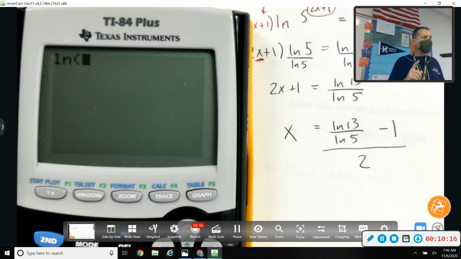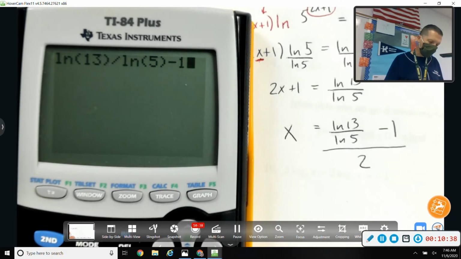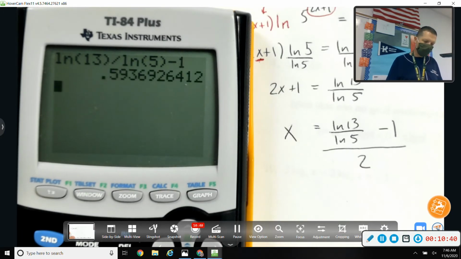Also be careful when you press log or natural log, it automatically opens the parentheses, which means you have to be responsible for closing the parentheses. So natural log of 13, close parentheses, divided by natural log of 5. And then where do I want to press enter or keep going? I think I'll do minus 1, then enter, then divide by 2.